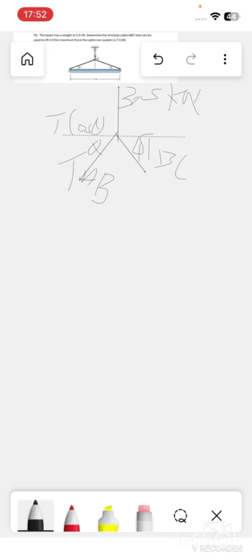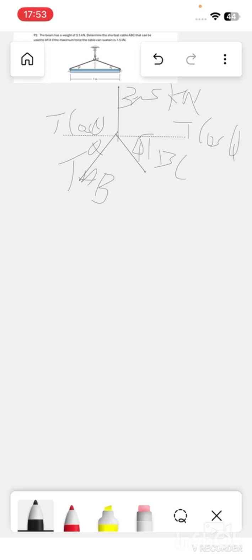TBA, the tension on AB and the tension on BC, are equal, which equals T. Therefore, here is theta, here is theta, and here it's also T cos theta. I think we are fine.